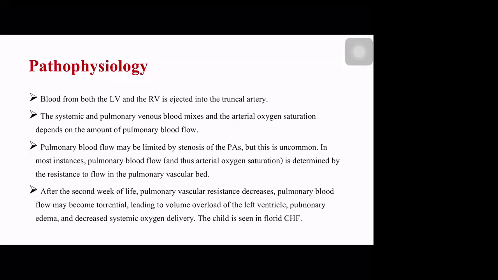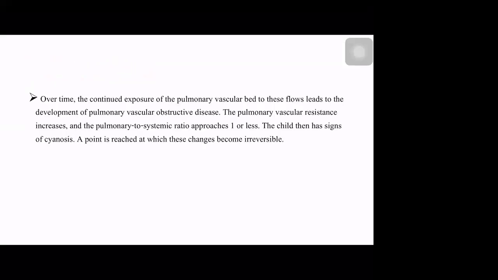So after the second week of life, when the pulmonary vascular resistance decreases, pulmonary blood flow may become torrential, leading to volume overload to the left ventricle, pulmonary edema, and decreased systemic oxygen delivery. The child is seen in florid congestive heart failure. Over time, the continued exposure of the pulmonary vascular bed to this flow leads to the development of pulmonary vascular obstructive disease, just like any kind of significant left-right shunt.